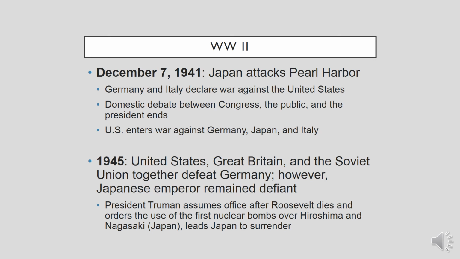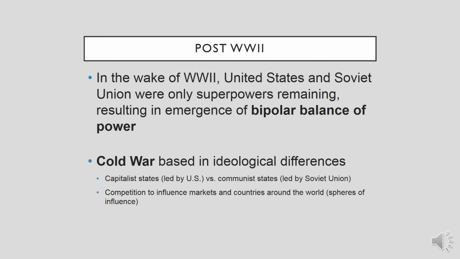And then the outbreak of war in World War II. The United States, of course, had great involvement there on two fronts: in the Pacific after the attack on Pearl Harbor, and in the European theater fighting with the so-called Allies. So this leaves us with the aftermath.